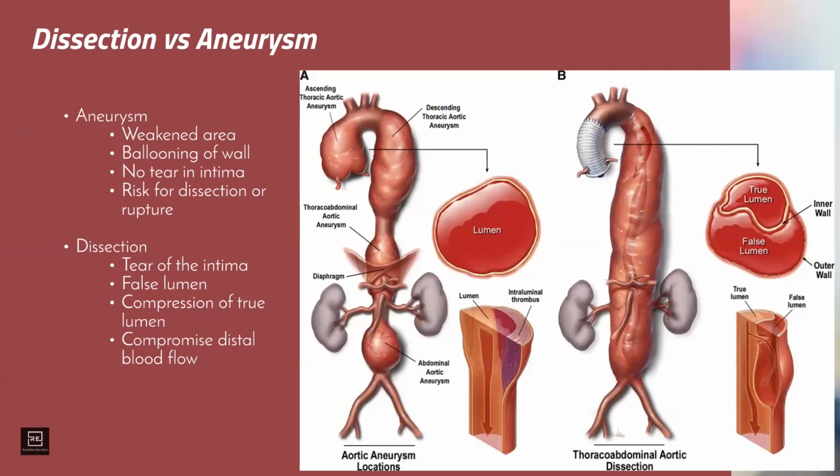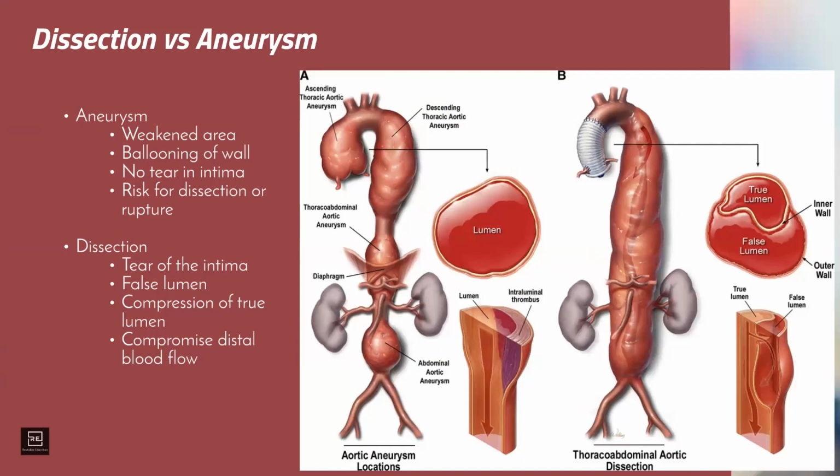Oftentimes, the terms dissection and aneurysm are used interchangeably. However, these two terms have vastly different meanings and implications. As we have already discussed, a dissection is a tear in the intimal layer of the aorta, which allows blood to separate the intima from the medial layer, thus creating a false lumen. An aneurysm is a weakened area of the aortic wall, which allows for the wall to balloon out.